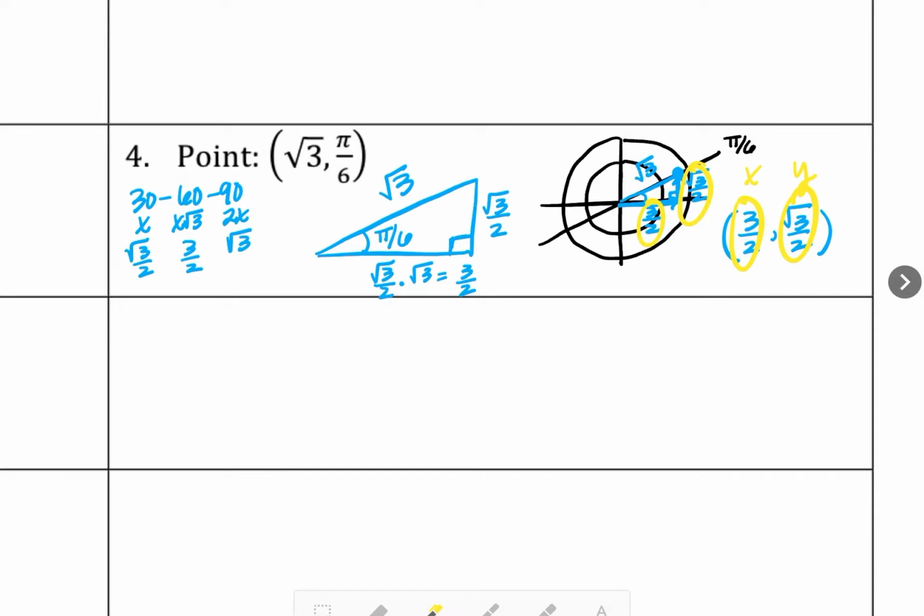Most times, you're going to be able to use a special right triangle, you're going to be able to use your unit circle. You're going to see that 30, 60, 90 relationship, or that 45, 45, 90 relationship, especially if you're using a unit circle angle. So look for that, because I was able to find x and y and create my rectangular form.